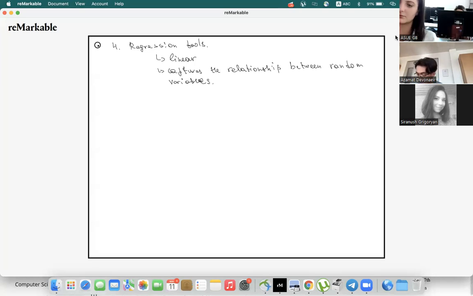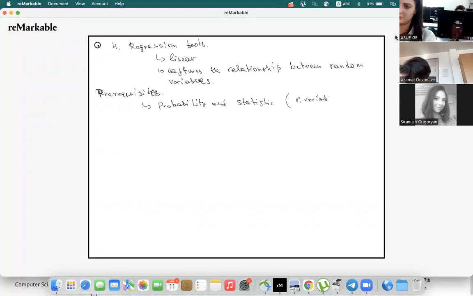I just immediately tell you that there are some prerequisites that I will use right now. It's assumed that you know some basic probability and statistics. Specifically, the properties of random variables, expectation, conditional expectation, and properties of the conditional expectation.